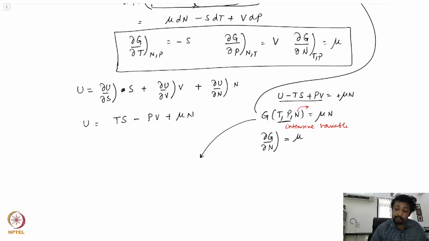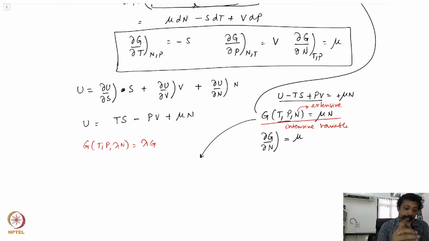The only thing that is associated with this is N. This is my only extensive variable, and therefore I must have G of T, P, lambda N equal to lambda times G, and if I apply the Euler relation, I am going to get the same thing as this, that N times del G del N, and this is equal to mu times N, which is the relation that I have over here. So everything becomes consistent with this.